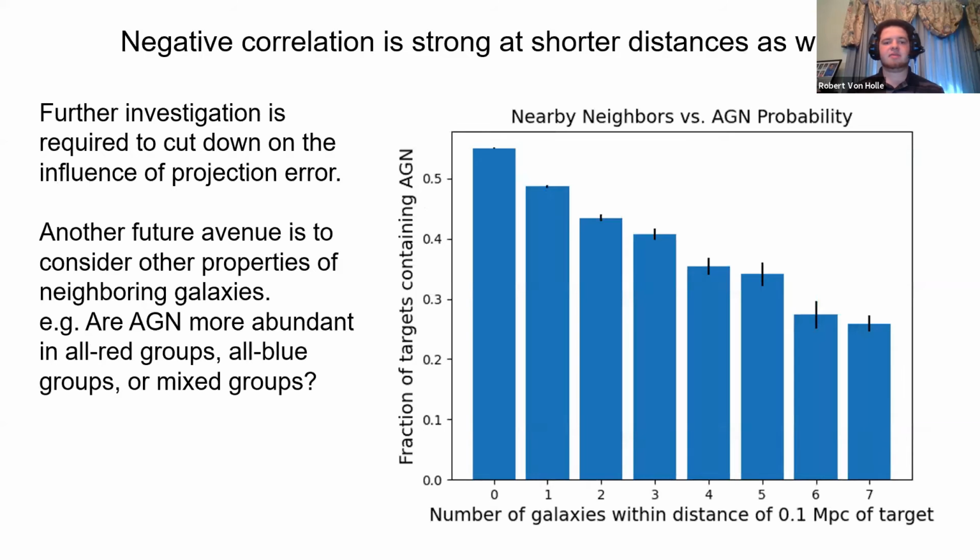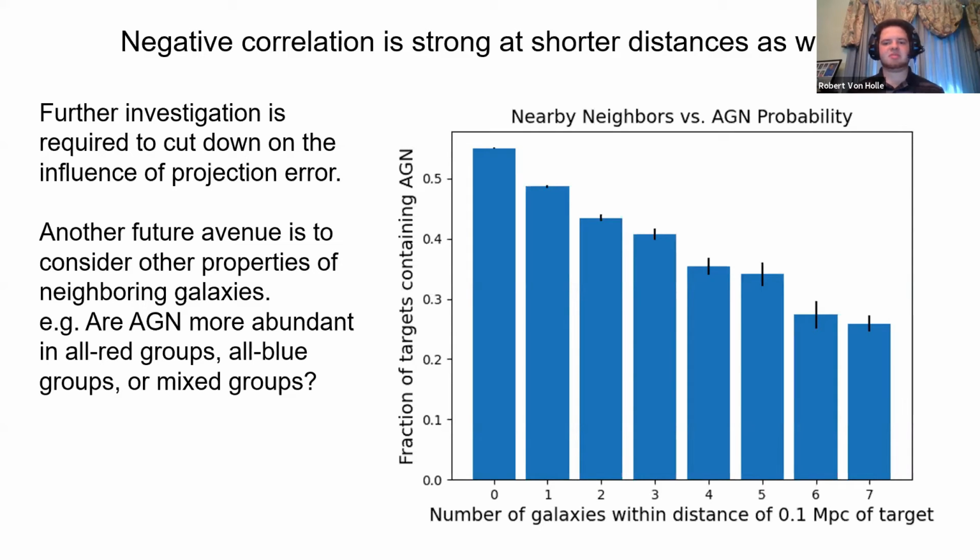This negative correlation is also strong at shorter distances. Here I have a plot comparing the number of galaxies within 1/10 of a megaparsec of a target and the fraction of those targets containing AGN. And you'll notice that this correlation is still very strong at this distance. Something else that's a little bit difficult to tell from this graphic alone is that this first bin I have, representing 0 nearby neighbors, accounts for about 87% of my sample.